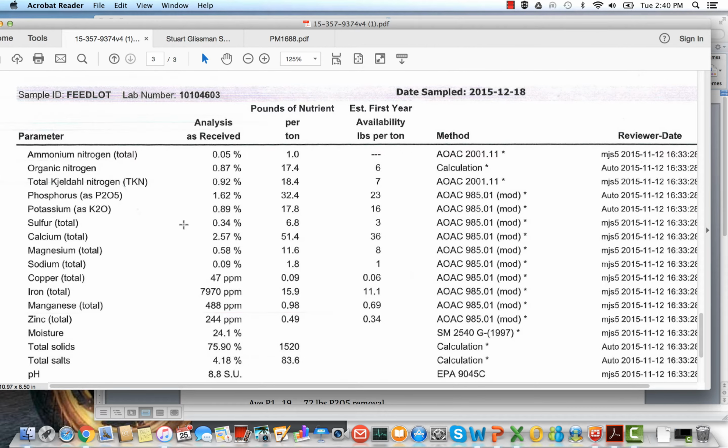So again, back to our salt concern. We've got 84 pounds of salt per ton. So 500 divided by 84 would tell me a 6-ton rate. I'm not sure my dry spreading guy can evenly spread a 6-ton rate. I think I need at least a 10-ton rate for my guy.